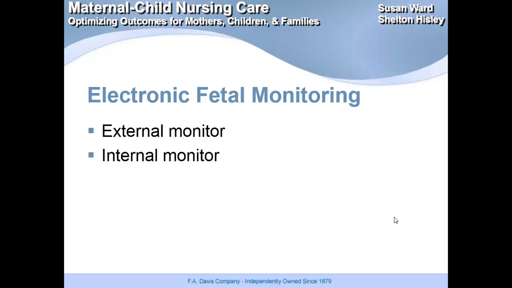So again, there's external and internal. The tocodynamometer is the external, that's the non-invasive. And then there is an invasive one, which is an internal monitor. They'll do an internal monitor if the membranes have already ruptured.